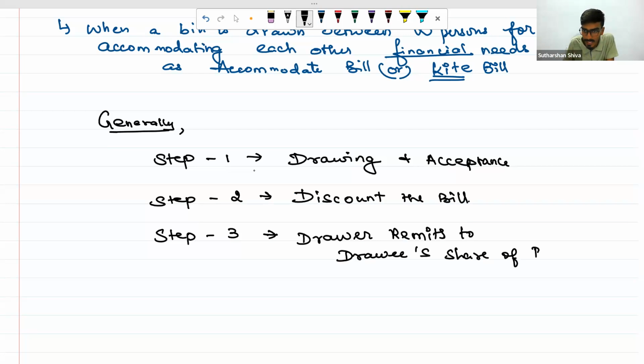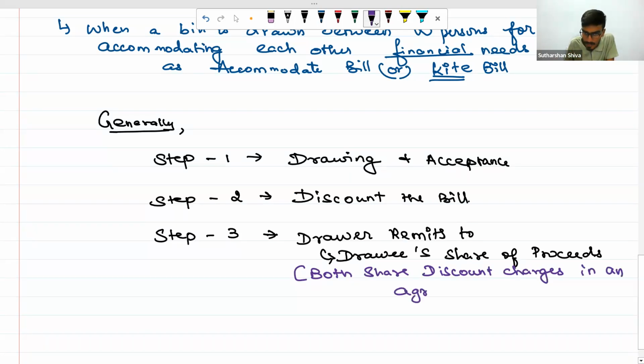Here an important point comes into the picture: both will share the discounting charges in an agreed ratio.